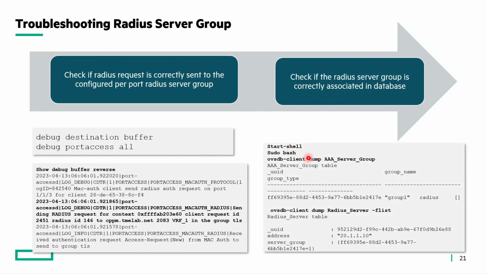For the particular group, I will identify the group UID and then check whether that group is associated with this RADIUS server or not. This is only for checking the RADIUS server assignment to the RADIUS server group, whether by any chance the RADIUS server is not correctly associated with the group. So this debugging will help us with the RADIUS server group assignment and with troubleshooting whether the RADIUS request is correctly sent or not.